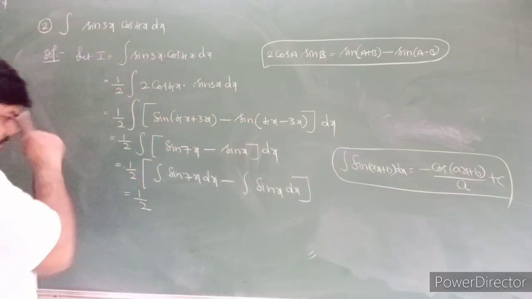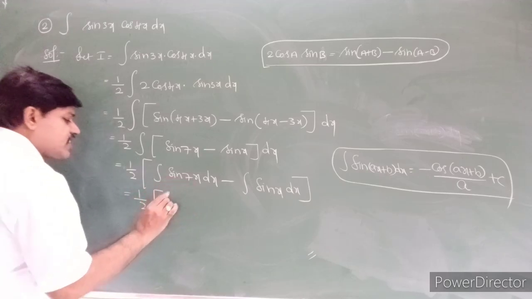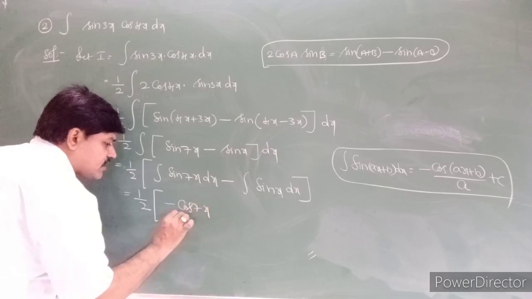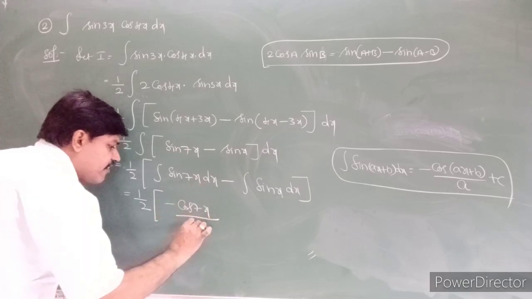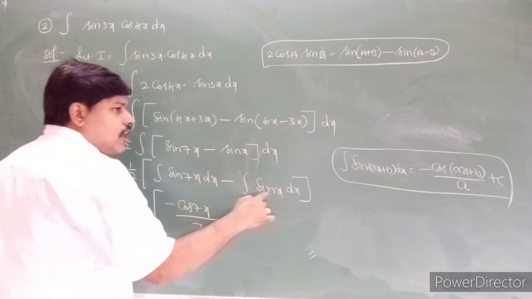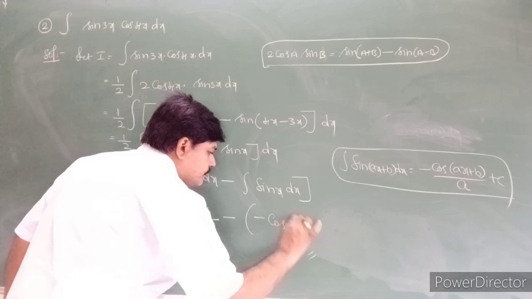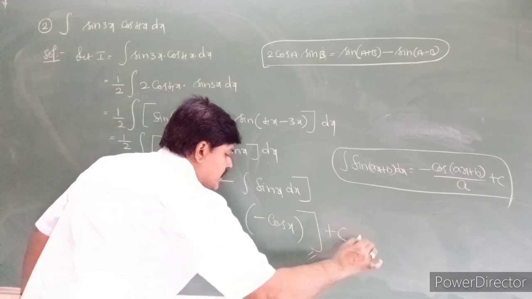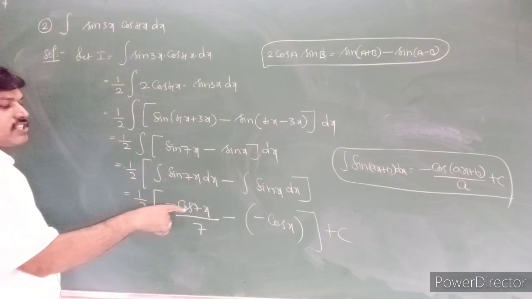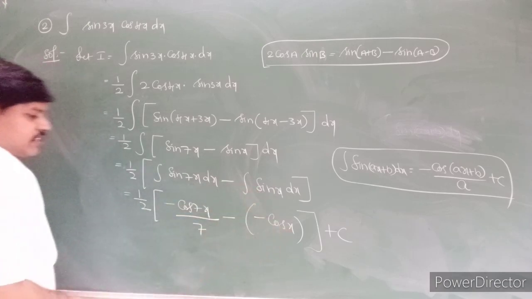So here, sin 7x integration is minus cos 7x by 7, since the derivative of 7x is 7, minus integral of sin x. Integral of sin x is minus cos x plus c. So see students, integral of sin 7x is minus cos 7x by 7, minus integral of sin x which is minus cos x.